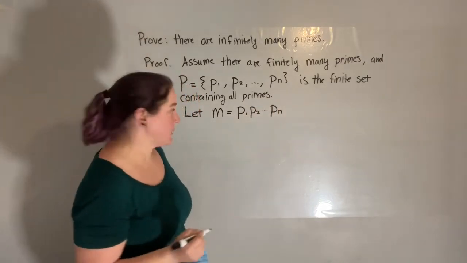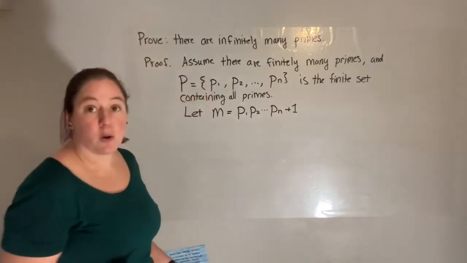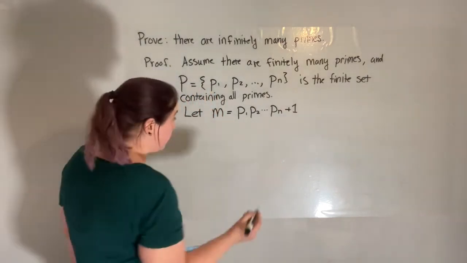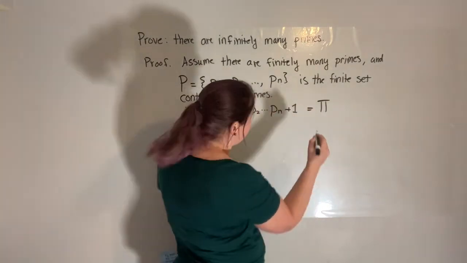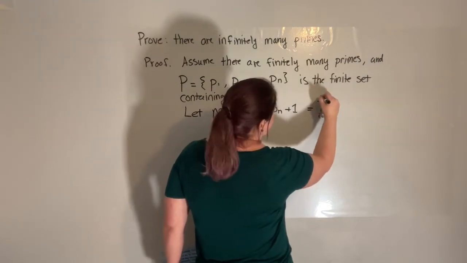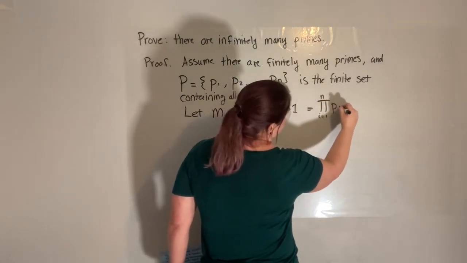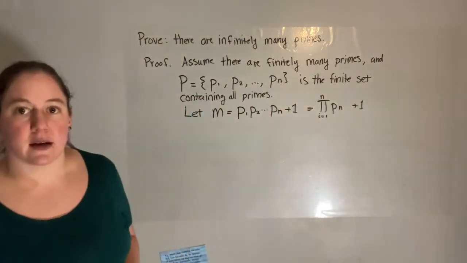And then we're going to add 1 to that. So M is this product plus 1. Or if you're familiar with this notation, you can also write it as, this means the exact same thing, the product from i equals 1 to n of pi, plus 1, and the plus 1 gets added after. It's not within that product.